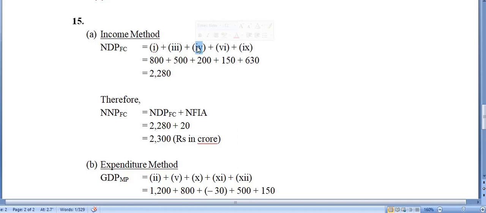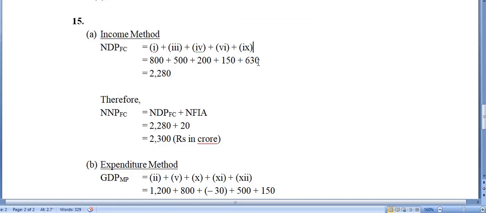Number five, no, this is expenditure. Number six, yes, interest. Number seven, NFIA, no, it's not included. Number eight, net indirect tax, no, it will not be included. Mixed income, yes, MI, it will be included. Export is not included. Domestic capital formation and consumption of fixed capital are not included here.